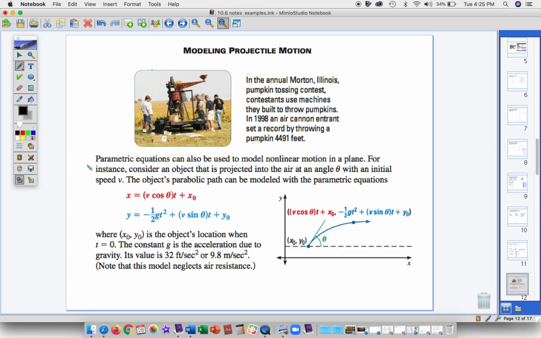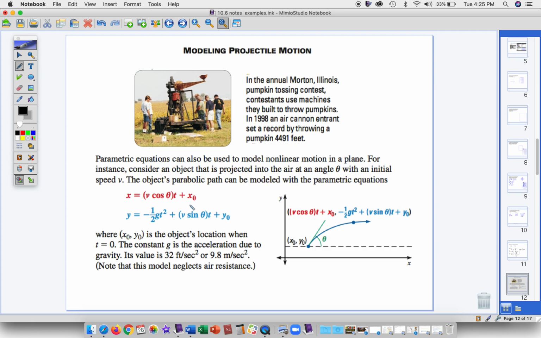So anyway, on to our parametric equations that can model nonlinear motion. So consider an object that's projected into the air at an angle theta with an initial speed of v. The object's parabolic path can be modeled with these parametric equations. So there's the v, which is that initial speed, and theta, which is again the angle at which it's projected.